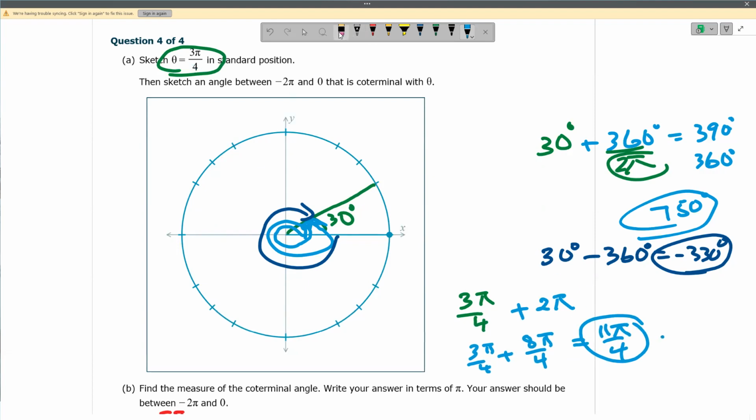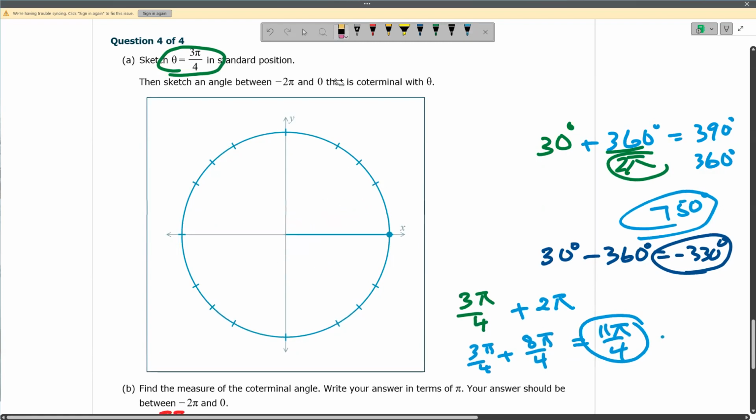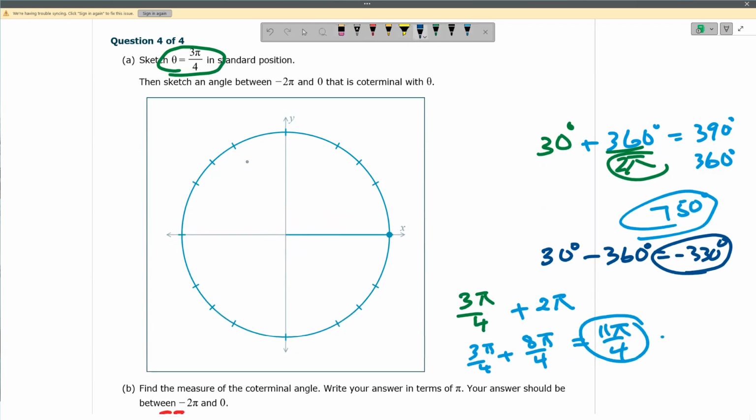Now notice the answer I gave you earlier is not that one, because we're looking at the negative direction angle, right? So this is 3 pi over 4 here, and 11 pi over 4 is this one. Go around a full circle one more time. But the answer we got is actually the other way around. You go this way. So this angle is negative.